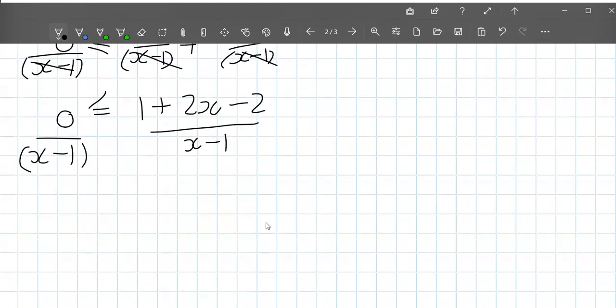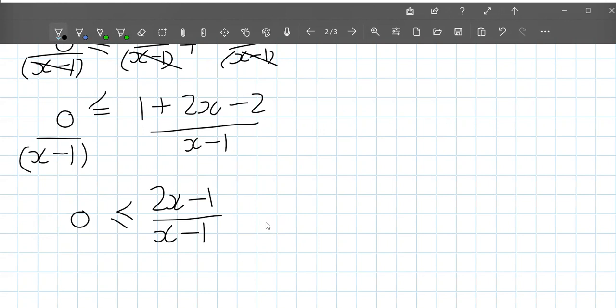Simplifying this a bit further, minus 2 plus 1 is simply minus 1. So we get 2x minus 1 over x minus 1 is larger than or equal to 0. So here we have a multiplication or division equal to 0.